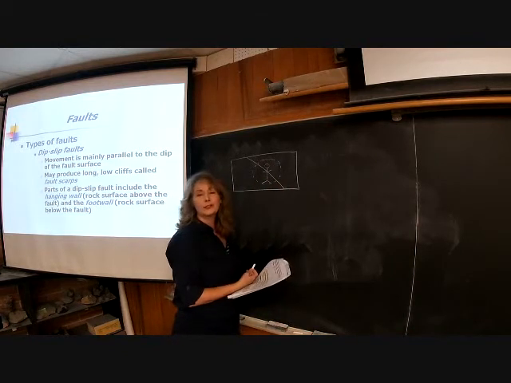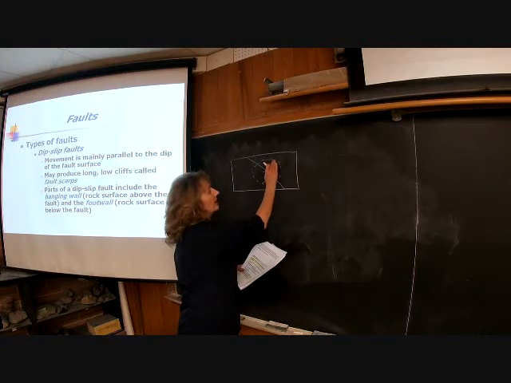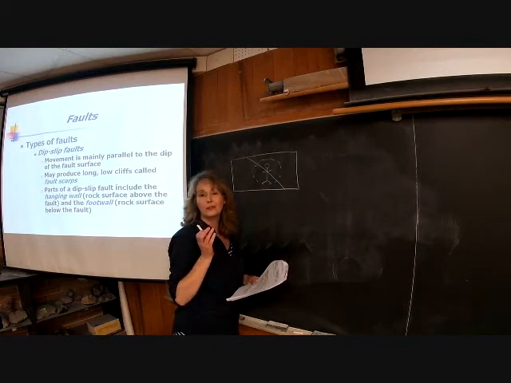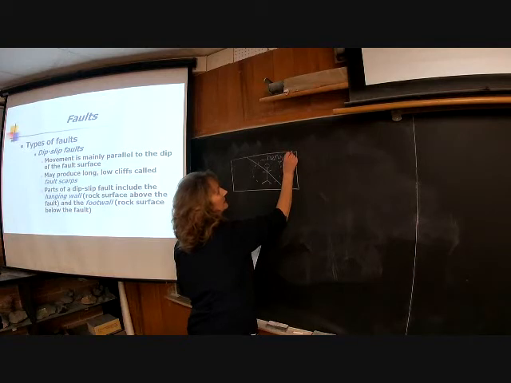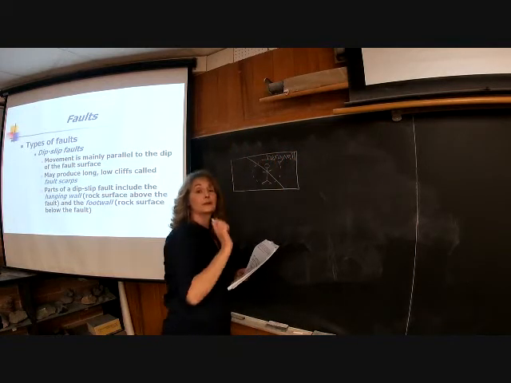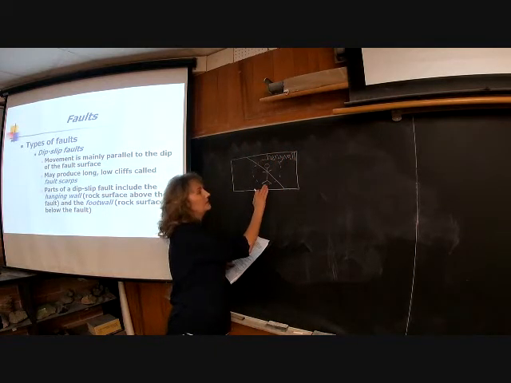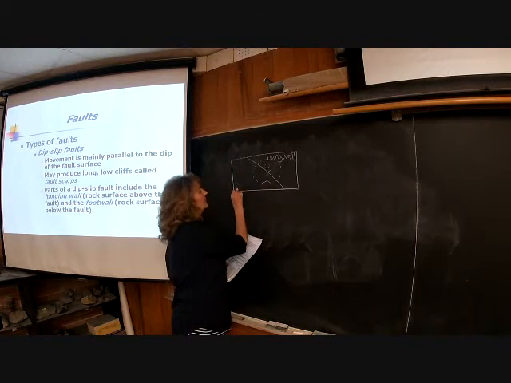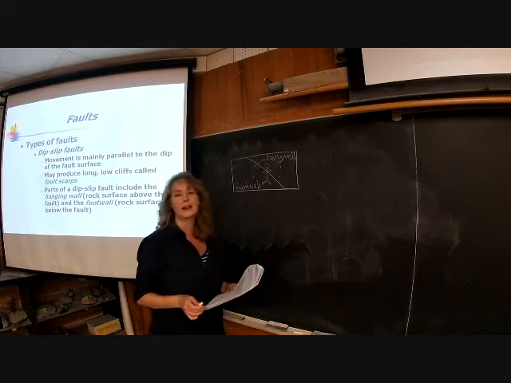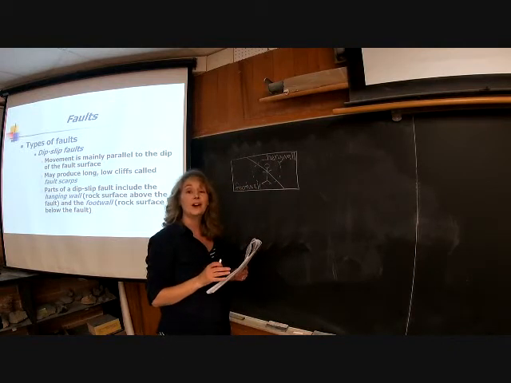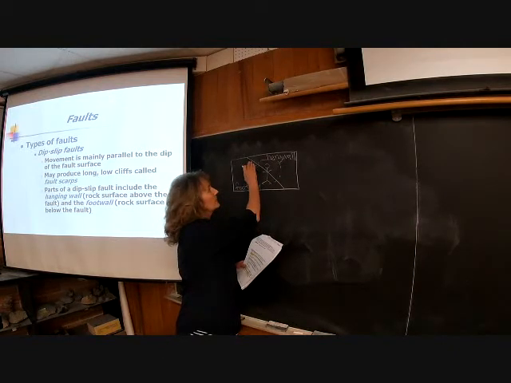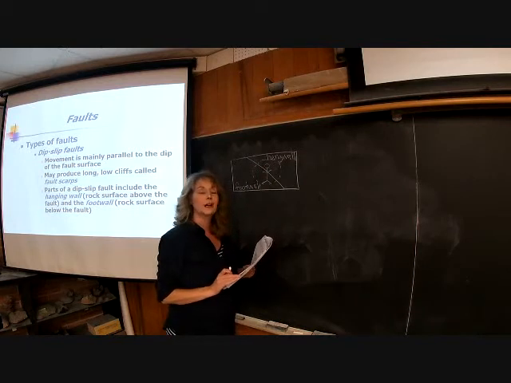And so some old mining terms: on this side, okay, of where the miner's head is, we call the hanging wall, like where he would hang his lantern. Down here where his feet are, this block down here is called the foot wall. Okay, so that's where that terminology is coming from. And depending on the movement, okay, we got to get movement along that fault line.